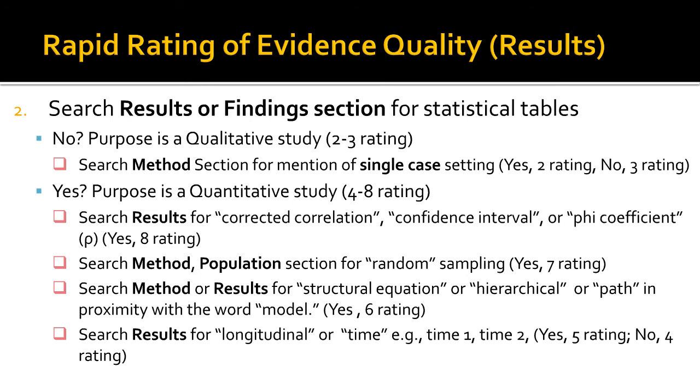If we do not find the meta-analysis word phrases, we use the find function again to search for the word random. If we find that the word random appears in the paper, we need to verify that it relates to the sample used in the study. We want to be certain that a random selection or random assignment was used to sample the population. This information should appear in the population subsection of the method section that describes the participants in the study.